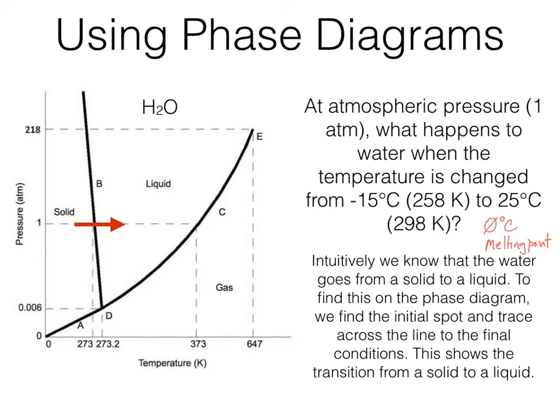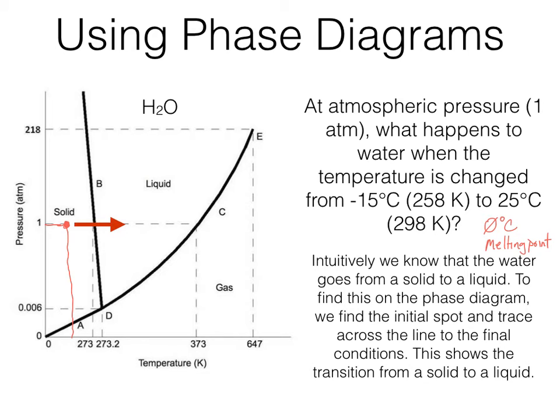So intuitively we know that the water should go from ice to liquid water. To use the phase diagram to figure this out, what we do is we find our starting position. And so we have 1 atmosphere of pressure, and we have minus 15 degrees Celsius, which is going to be somewhere below 0. And so we're starting somewhere at around this point in a solid.